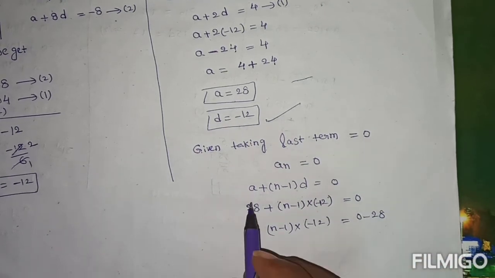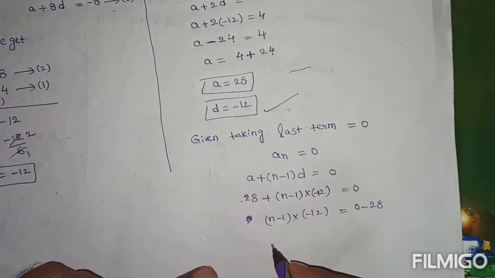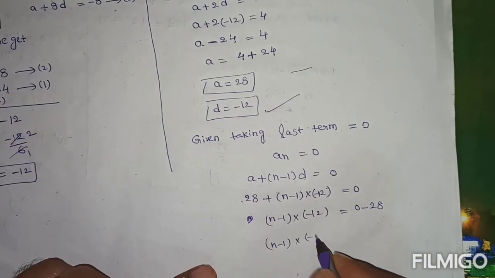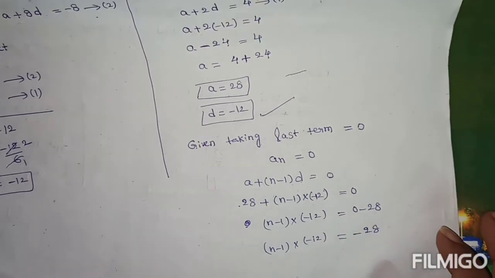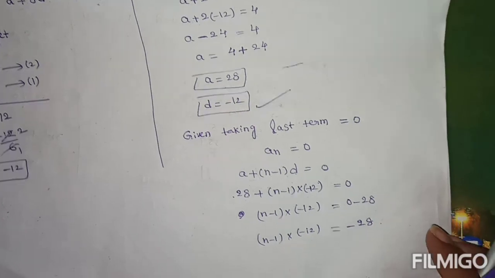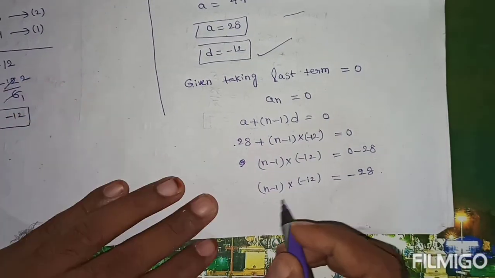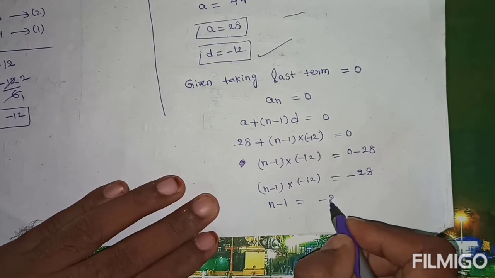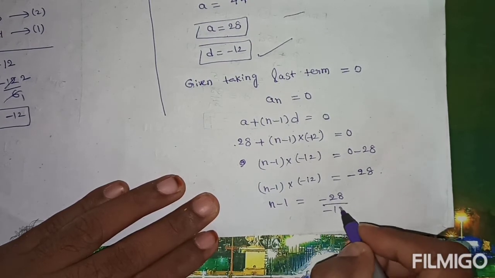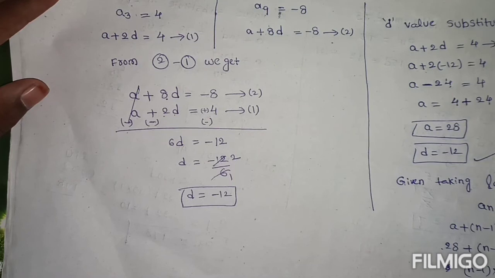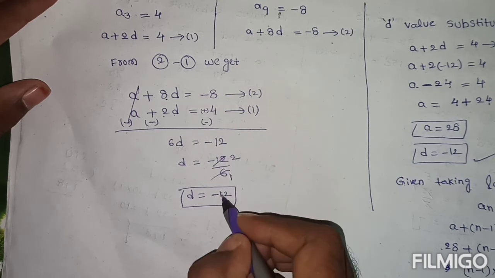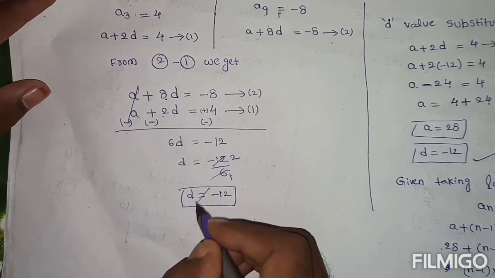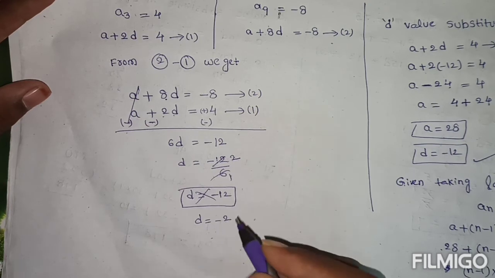Write n minus 1 into minus 12 is equal to minus 28. Next step: n minus 1 equals minus 28 divided by minus 12. Sorry, please correct this one: 6 ones are 6, 6 twos are 12, not minus 12, minus 2. So D is equal to minus 2, that is the correction, please.